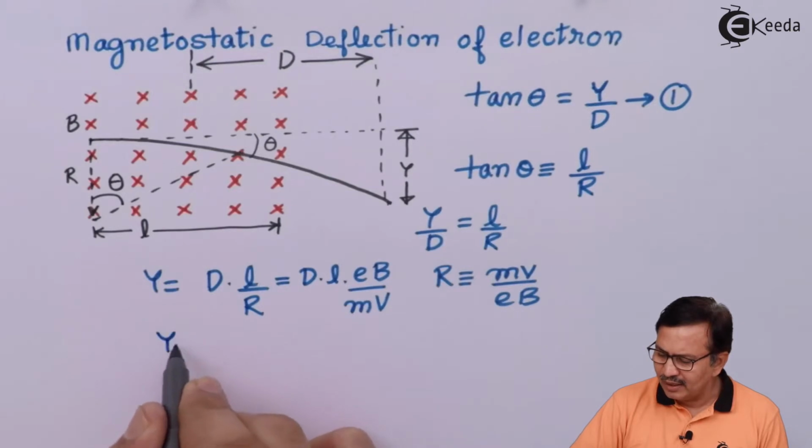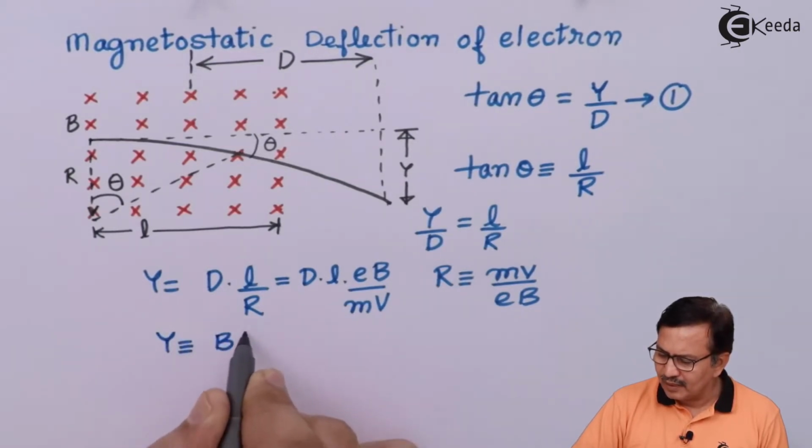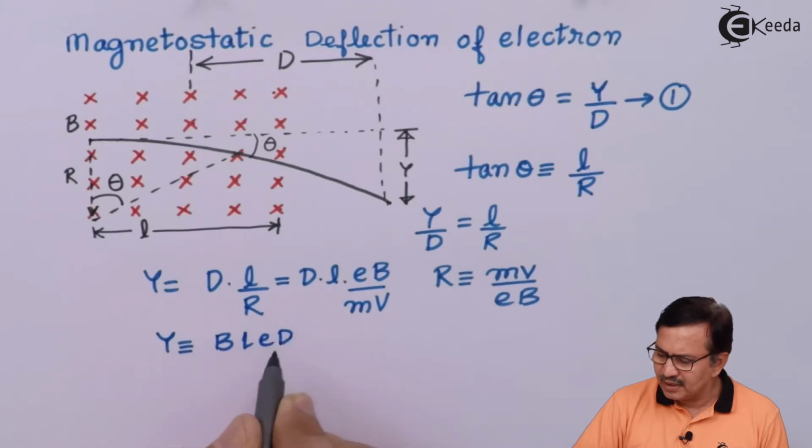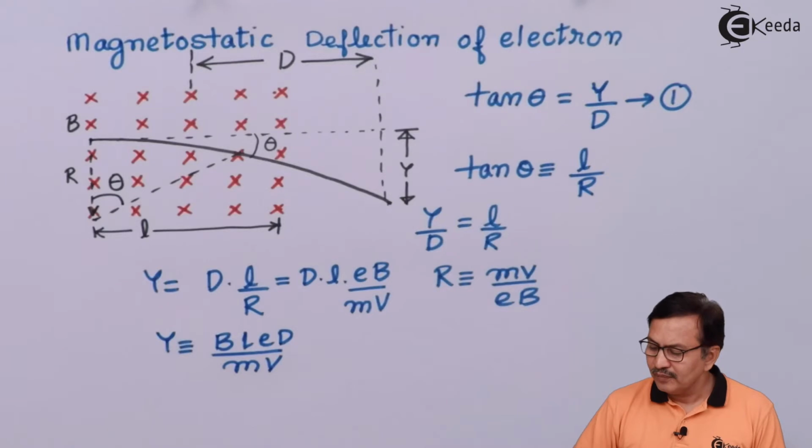Thus your y will be given by B L e d divided by m into v.